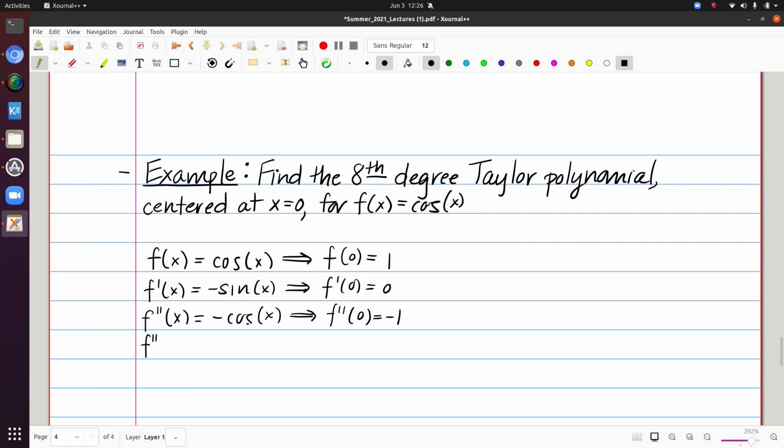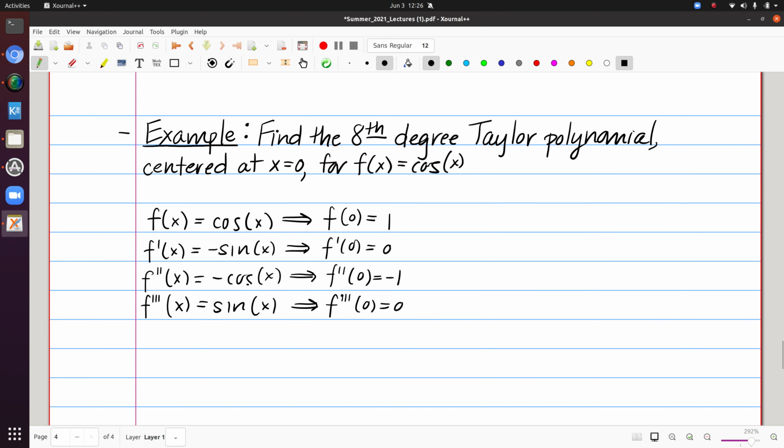And the third derivative is positive sine of x, which evaluates to 0 when I plug in 0. So technically, I need to go up through the 8th derivative here. However, this process is just going to repeat, and that's the nature of cosine and likewise of sine. The next derivative I find would send me right back up to cosine.